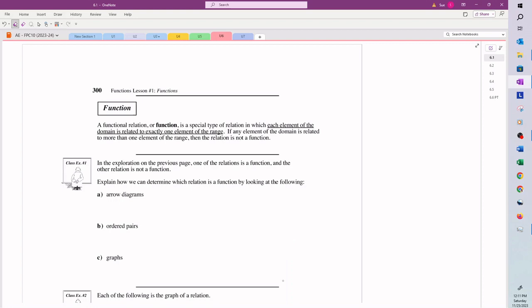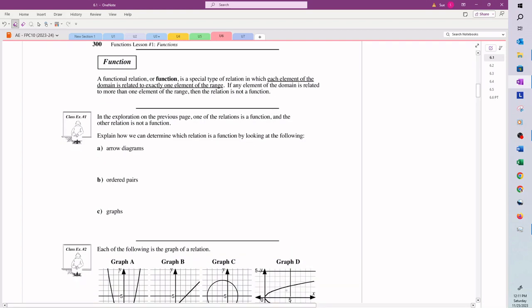So, explain how we determine the relation is a function. I'm going to reword this a little bit because I want to do this in color.